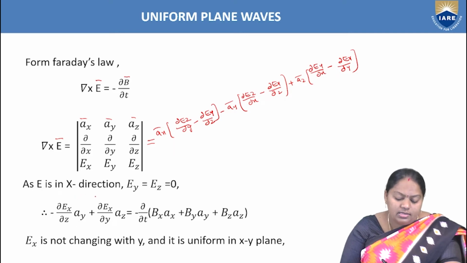Hence, as E is in the x direction, the y and z components tend to 0. So, Ey equal to Ez equal to 0.